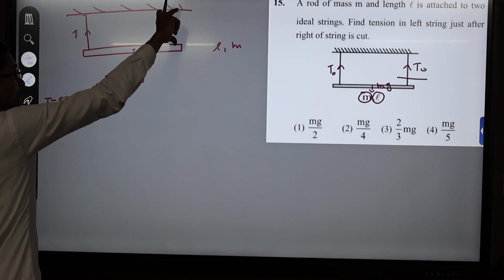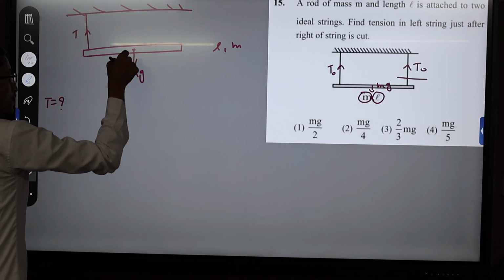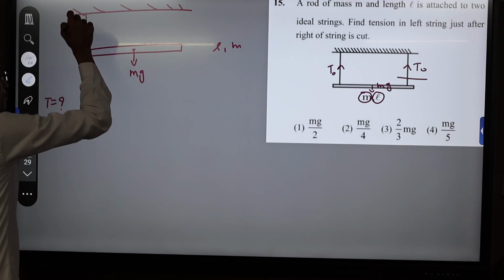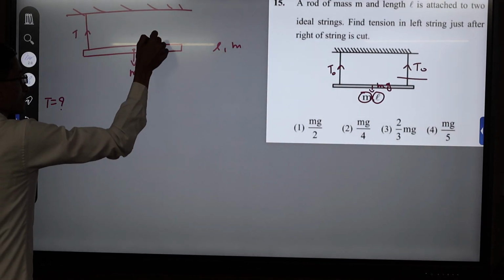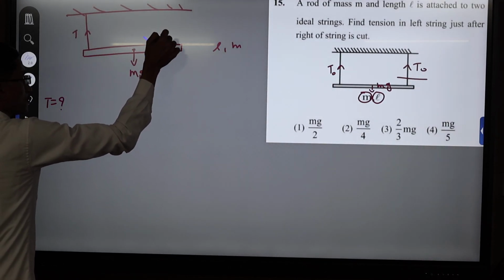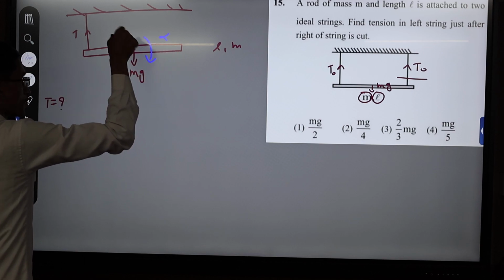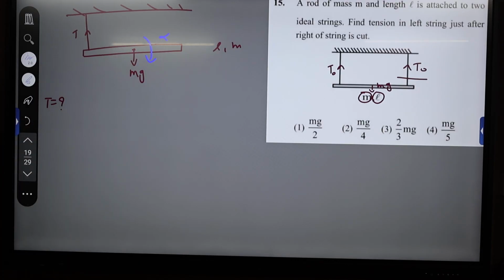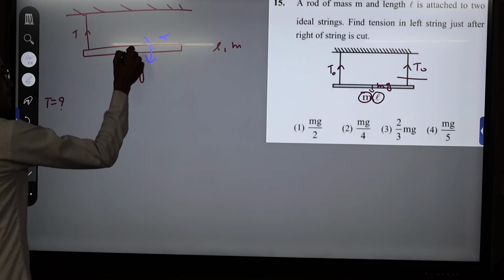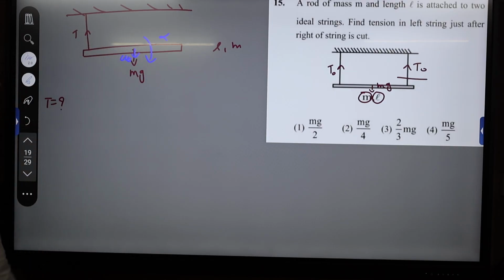After cutting, the tension in this string will become 0. Now Mg is acting downward, tension is upward, but the rod will rotate with angular acceleration alpha, and the tangential acceleration of the rod is in this direction.